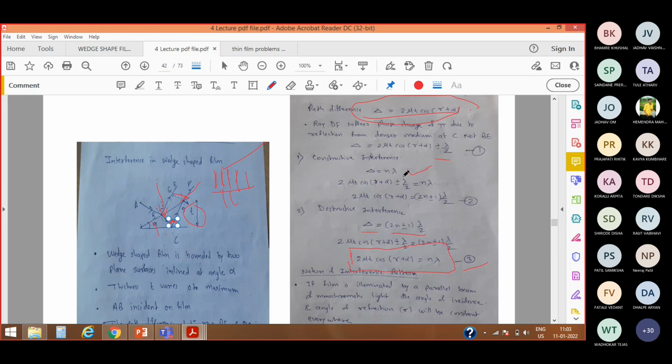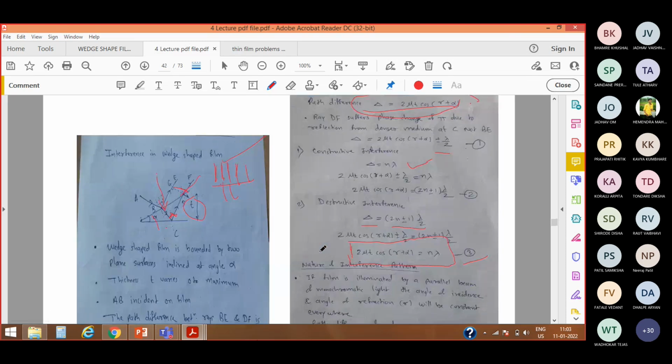Put this delta value in the equation, and lambda by 2 is added or subtracted; it can be either addition or subtraction. Taking lambda by 2 to the right hand side, I get the equation: 2 mu t cos of (r plus alpha) is equal to (2n plus n minus 1) into lambda by 2.